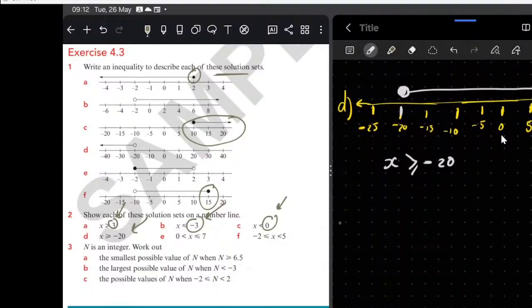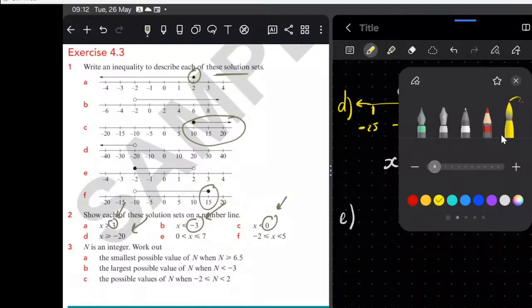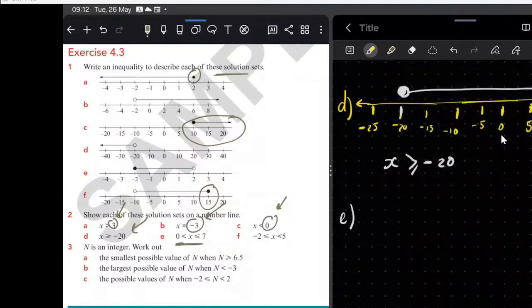Now let's do part E, which is very easy. Everybody can see that part E is easy because it has 2 things. So we have 2 circles. Negative 2, negative 1, 0, 1, 2, 3, 4, 5, 6, 7.